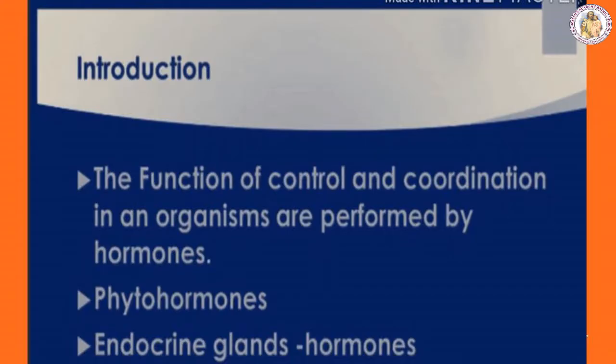Introduction. The word hormone is derived from a Greek word. Hormone means excite. So the function of control and coordination in plants is performed by chemical substances produced by the plant. So that is called the plant hormone. Several cells are capable of producing these hormones.